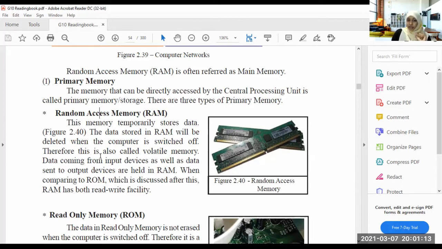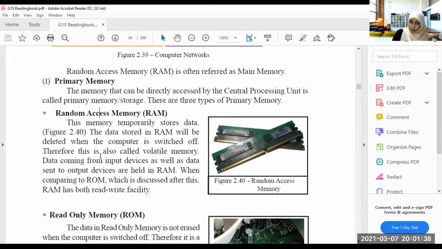Because of that, we call RAM a volatile memory. Why do we call it volatile memory? Because when the computer is on, it stores data temporarily, and when your computer switches off, all the data will be erased. That's why it is called volatile memory.